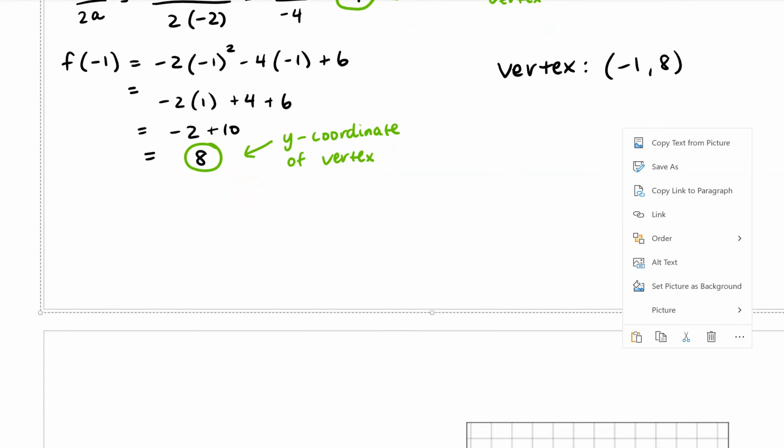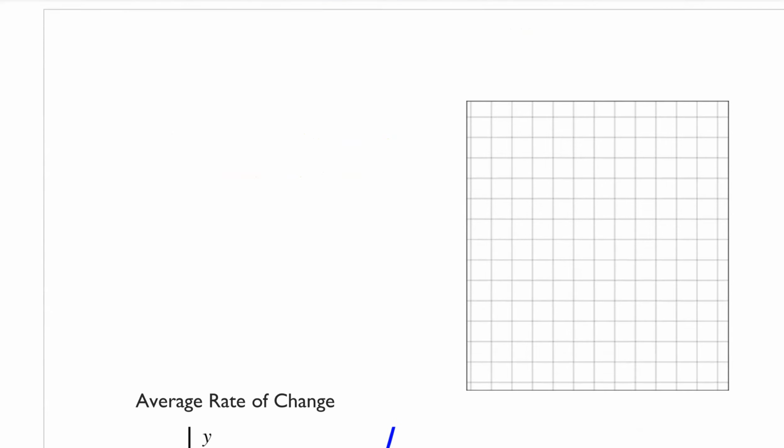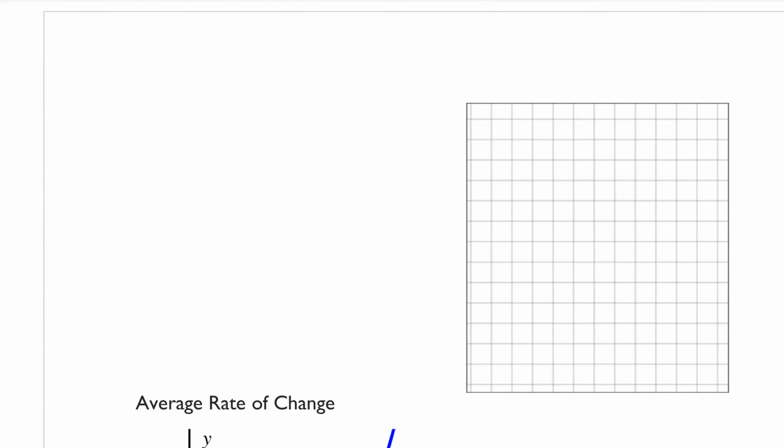So let's go down here where we have a grid available. And let's just remind ourselves our vertex was negative 1, 8. So I'm going to go ahead and draw in my axes.